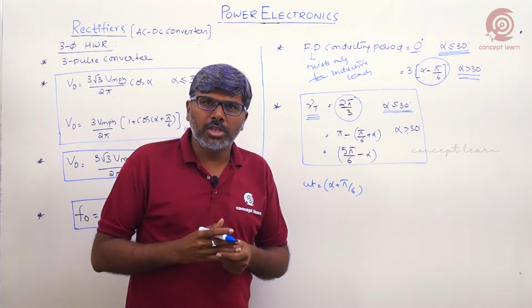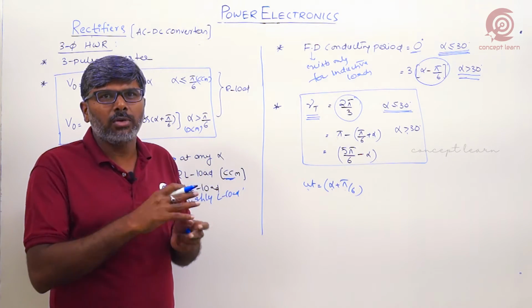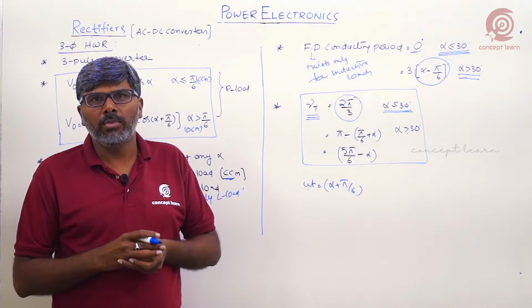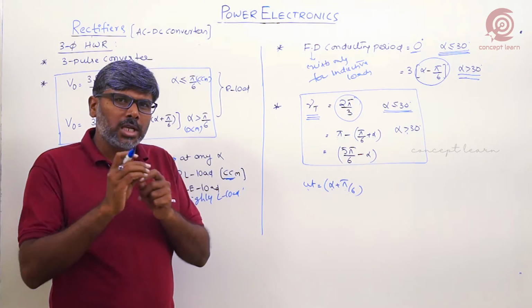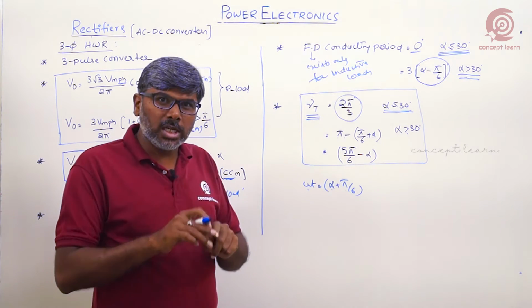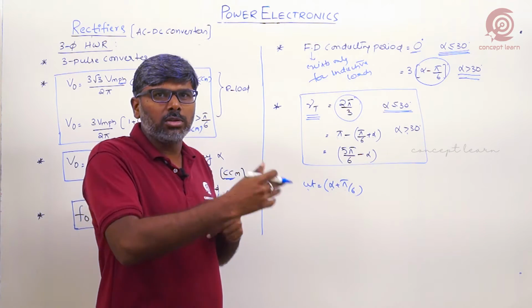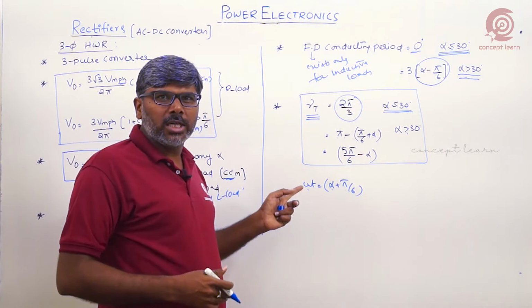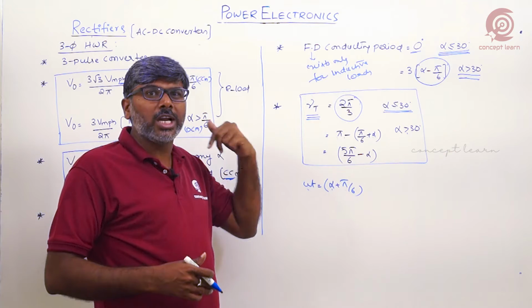Because when you come to the output voltage equations, if you have the waveforms, the voltage waveform and current, the three-phase voltage waveform, the phase crossover points start at 30 degrees, and so on, right? So at that instant only, at omega t equal to 30 degrees, T1 goes to the conduction state, or forward bias, and continues. So below 30 degrees T1 cannot be on. Before T1, T5 is already in the conducting state.